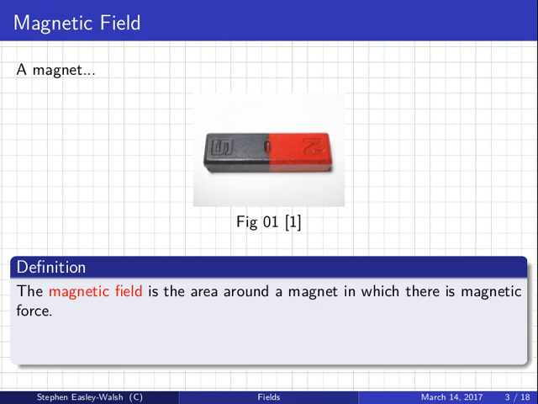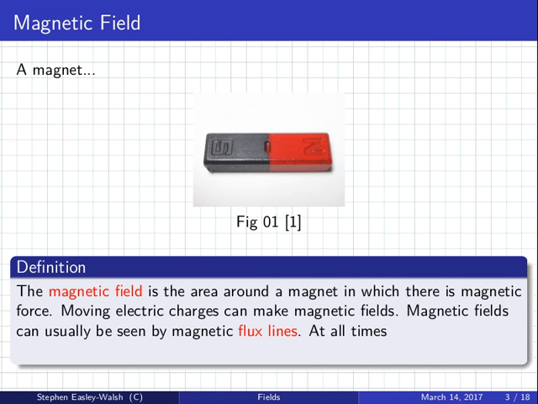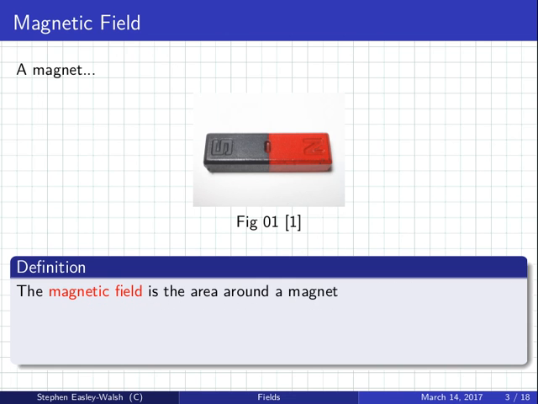Well, there's more here, but just for your basic definition, I think this is all you need. There's a lot of vocabulary in this definition, but the first thing is just the magnetic field. It's just the area around the magnet where there's the force.